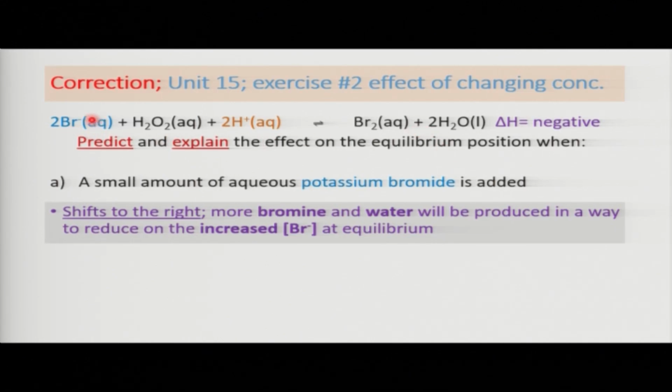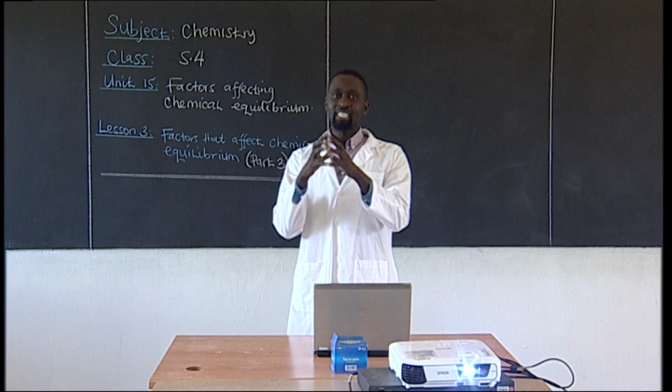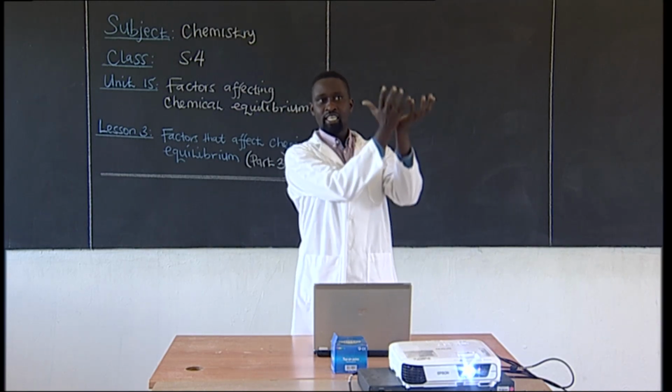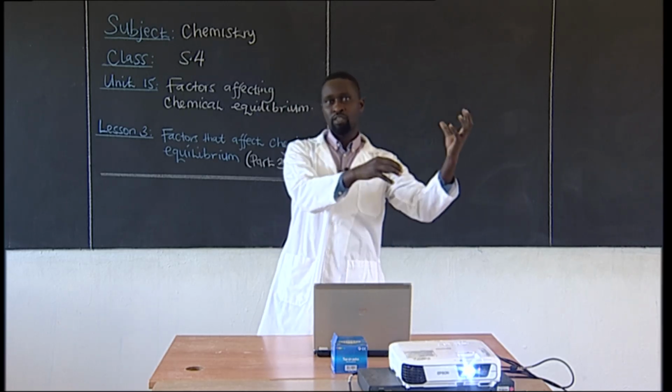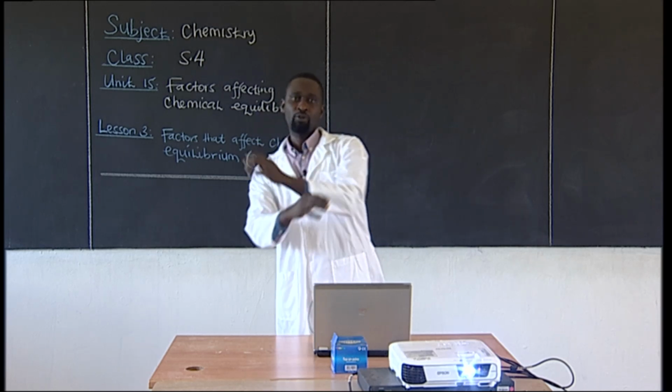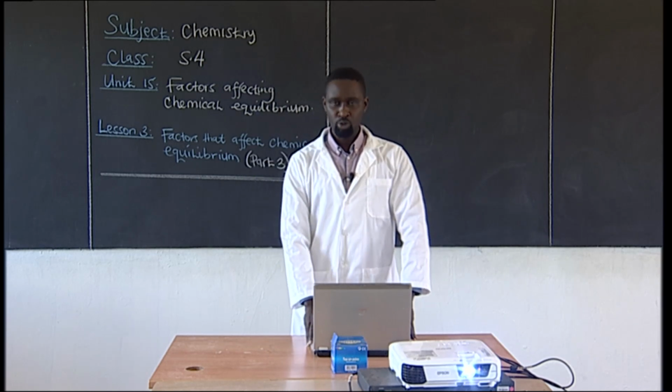Because addition of the bromide increases the amount of bromide ions, making this side higher in amounts than this. To balance it up, some portion of this side will move to this side, and that is why the equilibrium shifts to the right. More bromine and water will be produced to counteract the increase in amount of the reactants. So in that way, some of the reactants will form the products, and that is the expected response.